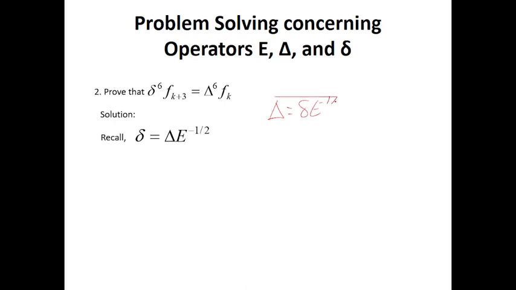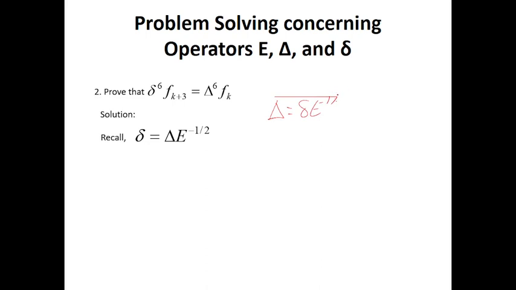So, second problem. Ito naman. Lowercase delta to the power of 6 f sub k plus 3 is equal to uppercase delta to the power of 6 f sub k. So, recall natin. So, pinaligtad lang natin kasi ang uppercase delta ay lowercase delta e to the 1 half.